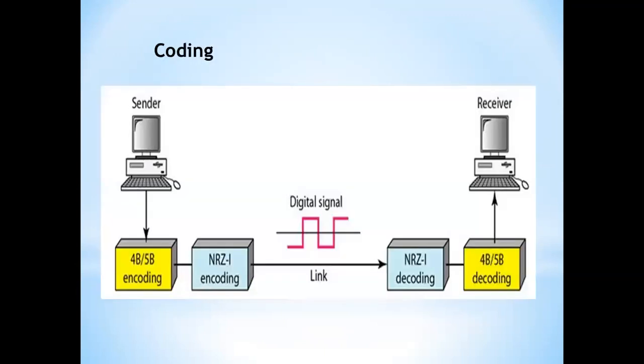Next point is coding. Redundancy can be implemented by using various coding schemes. The block diagram of this coding explains the process of coding as well as decoding system. At the sending end, the redundant bits are added to the data words using a well-defined process.